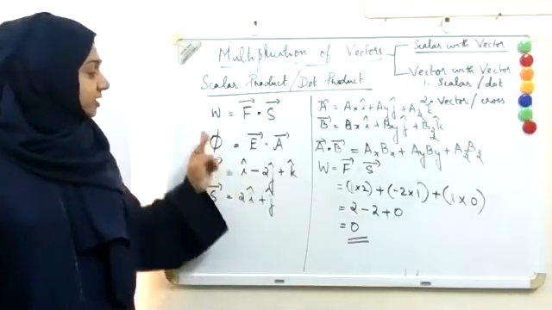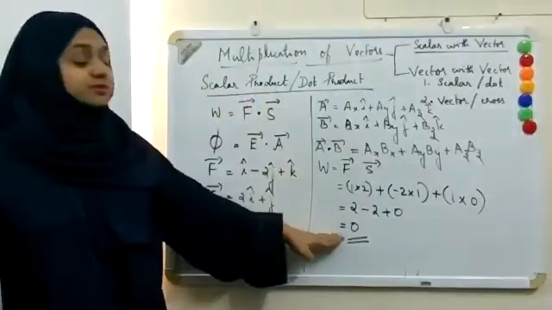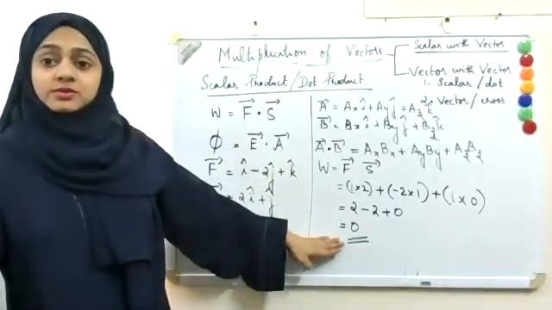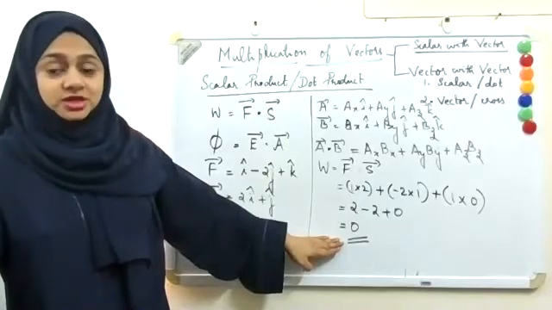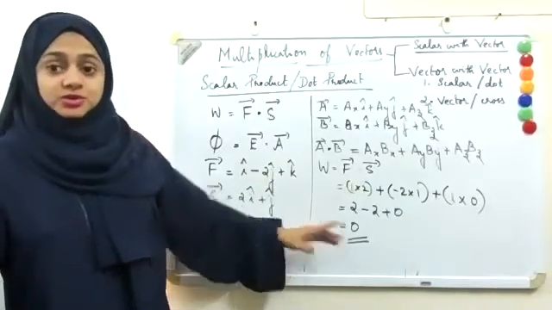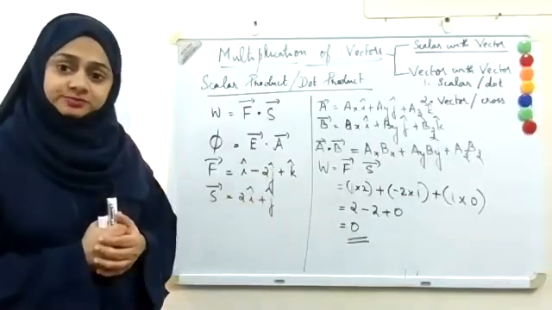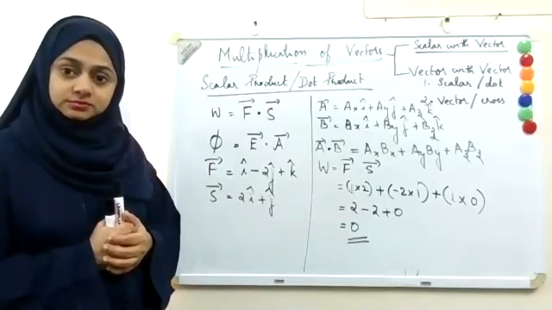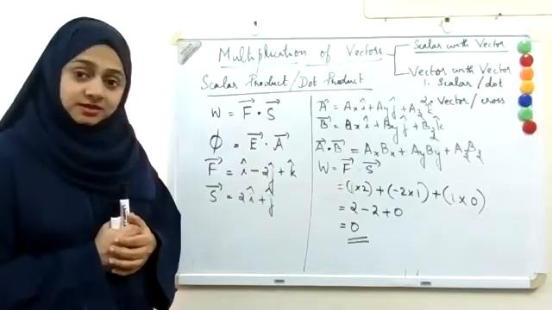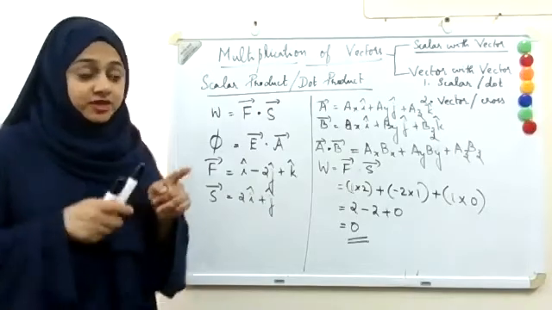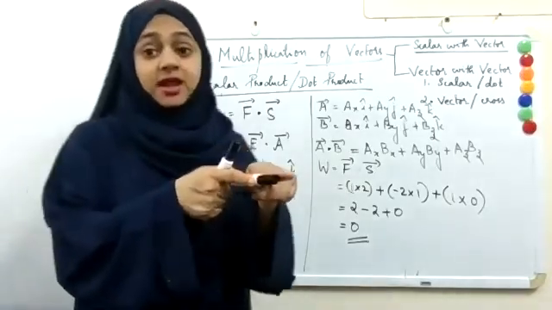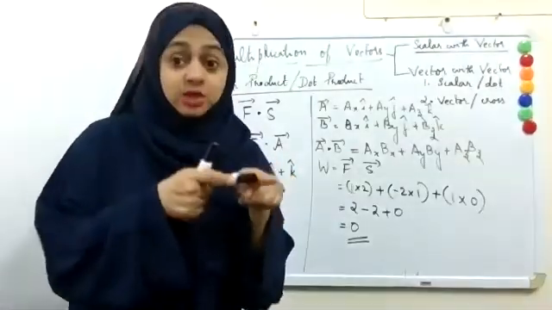When will the scalar product of two vectors become 0? If the scalar product is 0, what can you say about those two vectors? You can say that they are in the same direction. If they are in the same direction, the angle between them is 0.